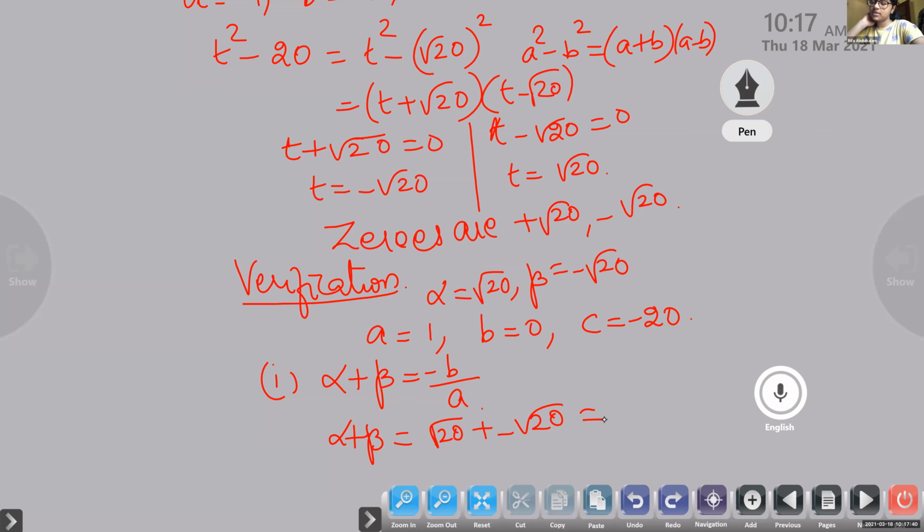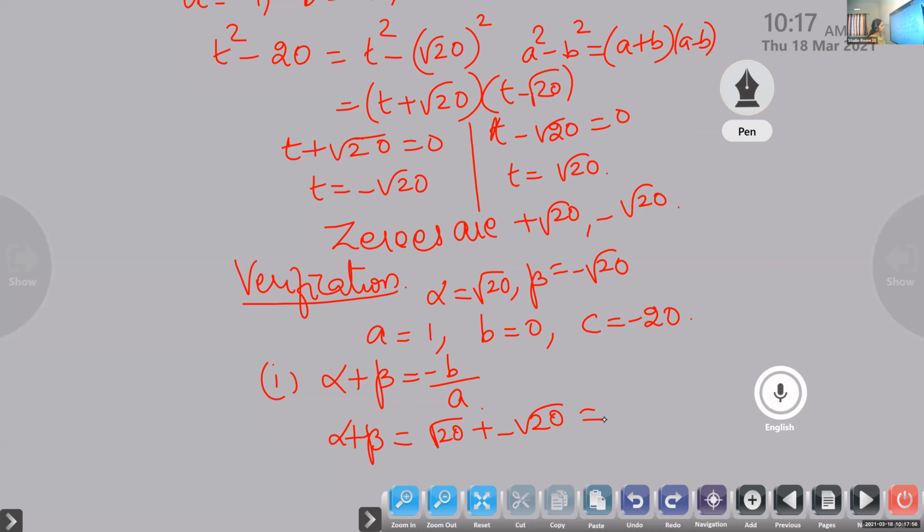Alpha plus beta is equal to negative B by A, and that is what you have to verify. So we start with alpha plus beta and substitute the values: alpha is root 20, beta is minus root 20.